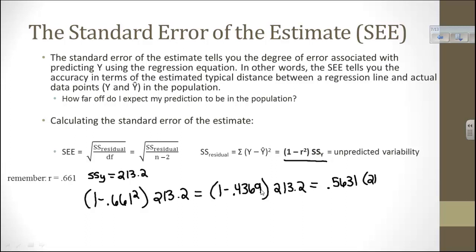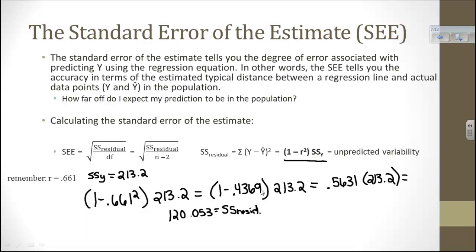Multiply that by the overall differences in earned quiz grades, and you end up with a sum of squares residual of 120.053. That is sum of squares residual.